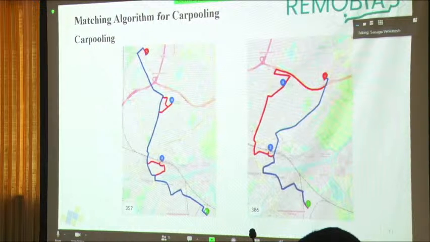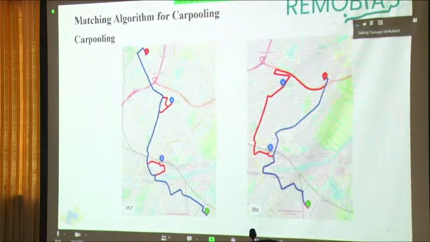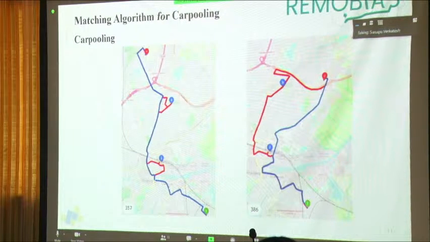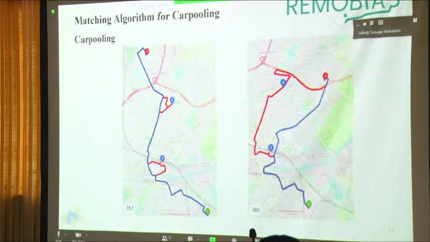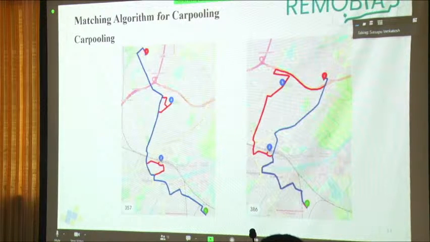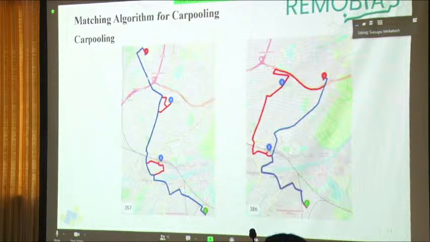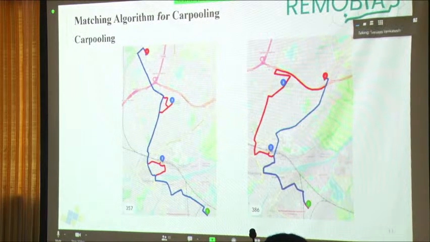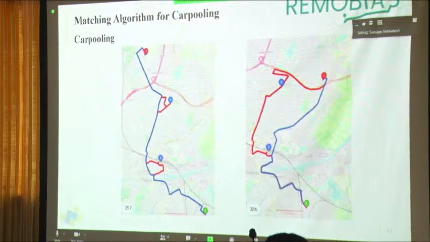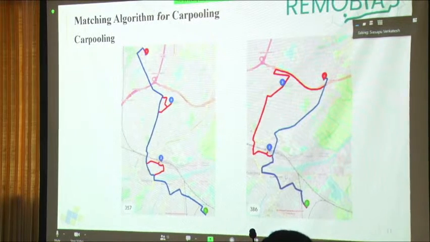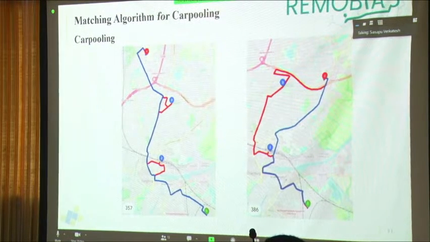The route was created from 1 to 4, and 2 and 3 are the points closest to the route within the 10-minute limit. So this driver can take a detour from 1 to 2 and pick up at 2, then he will pick up the person at 3, and he will take them to the destination 4. Similar to this, 357 or 387 is also the same, just an extra picture that I have shown you.